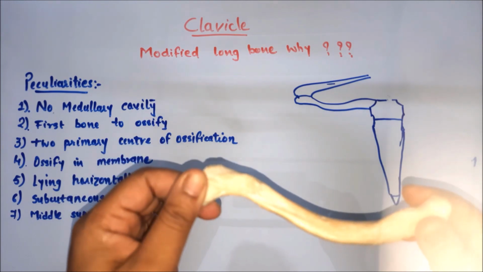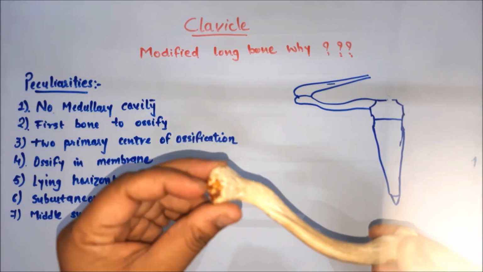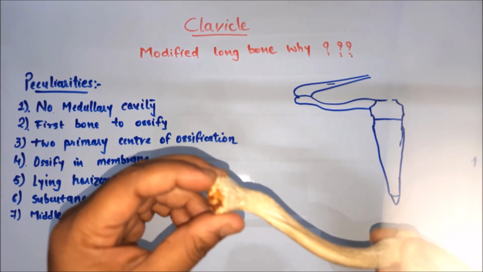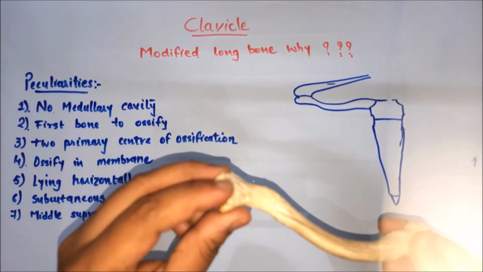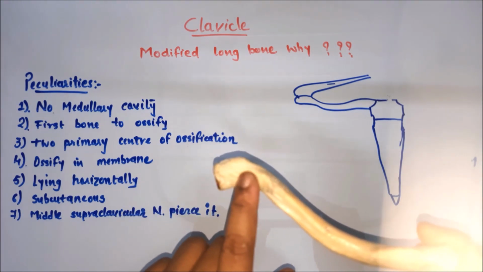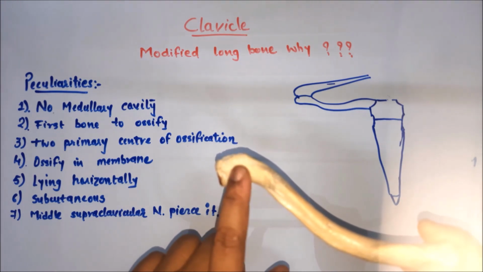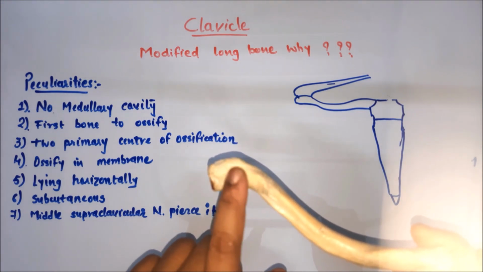And on the inferior surface, around the articular surface, there is the capsular ligament of the acromioclavicular joint, and on the conoid and trapezoid ridge there is the conoid and trapezoid part of the coracoclavicular ligament.